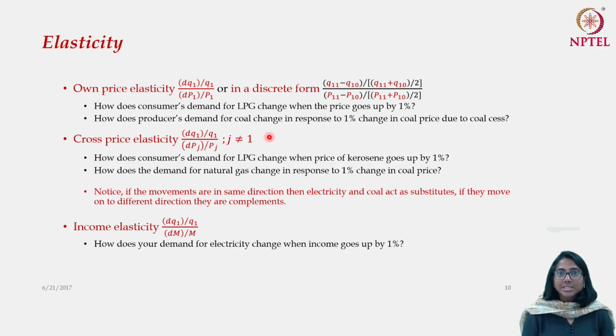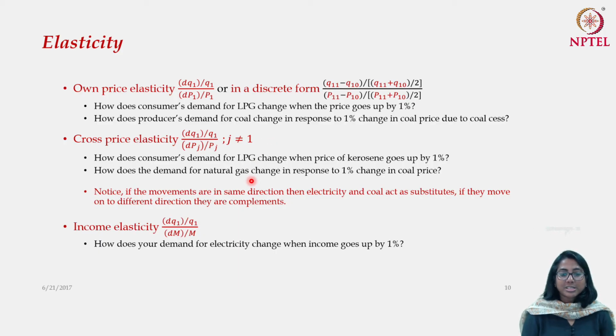So what kind of questions do we address with the help of cross price elasticity? How does consumers' demand for LPG change when price of kerosene goes up by 1%? Think about a household who is using both kerosene and LPG as cooking fuel. Now the price of kerosene goes up by 1%. What is going to be the impact on the use of LPG? Or think about a producer.